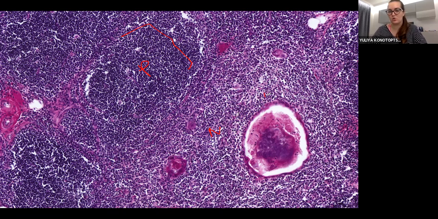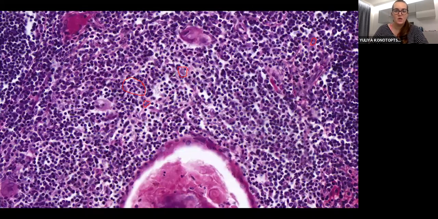This is the Hassall's corpuscle up close, right? So this pinkish area is going to be keratin. This is the hard keratin, which we typically see in skin, nails, and hair. Okay, two types of cells you see. Here, the darker cells are developing T lymphocytes, the thymocytes.